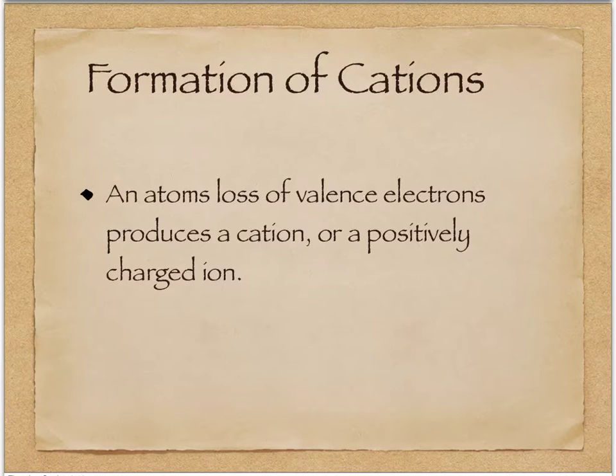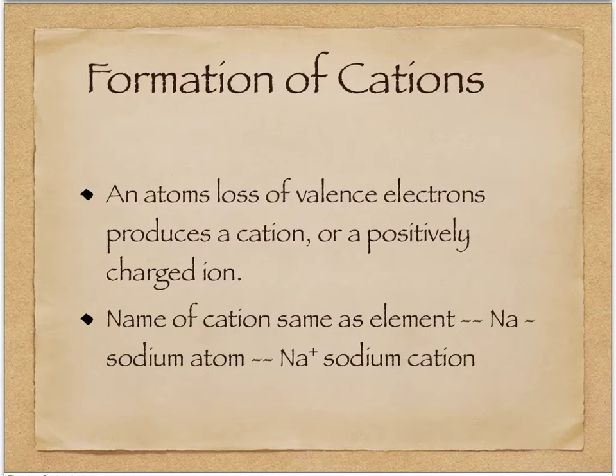First, let's talk about the cations. If an atom loses valence electrons, we've taken away negative charge, so it becomes positively charged, and that's a cation. Remember, they're positively charged. Now understand that the ion is much different than the element. For sodium, we have the sodium atom.